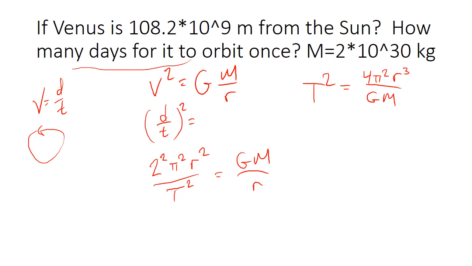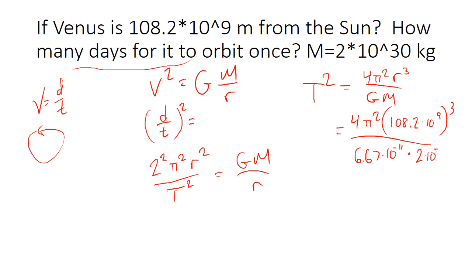And that's basically all you're going to do. I wouldn't bother memorizing this formula either, because you can just reinvent it like I just showed you. I don't memorize these fancy formulas, I memorize the important ones, because who likes memorizing? Anyways, T squared is going to equal 4 pi squared r cubed, and r is 108.2 times 10 to the 9, cubed, divided by 6.67 times 10 to the negative 11 times 2 times 10 to the 30.